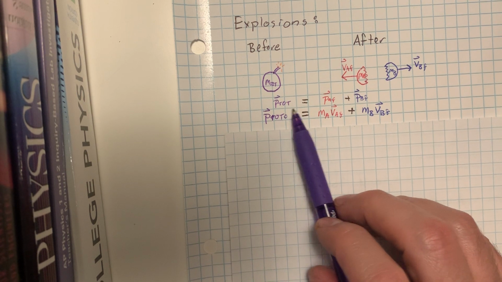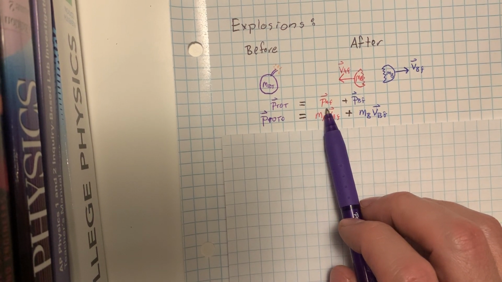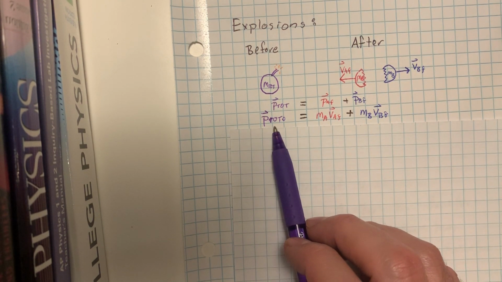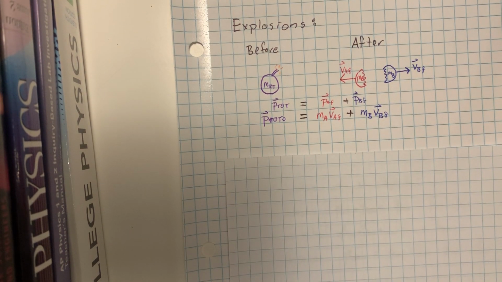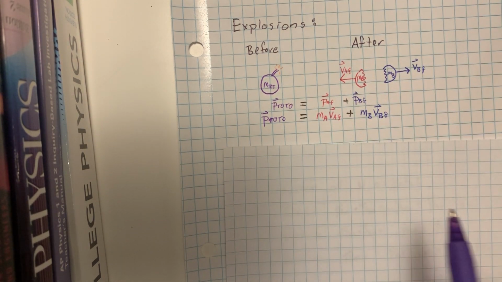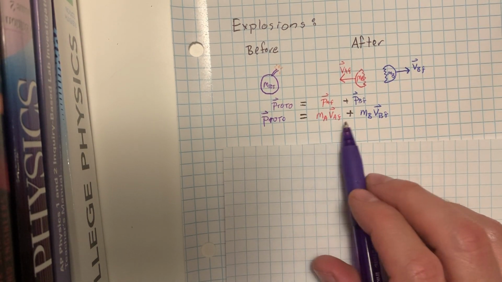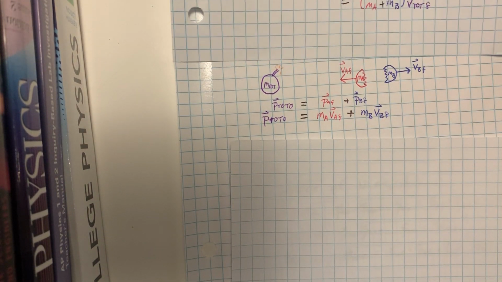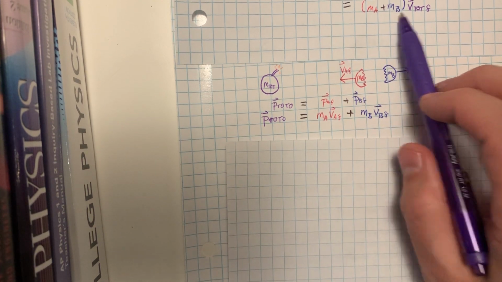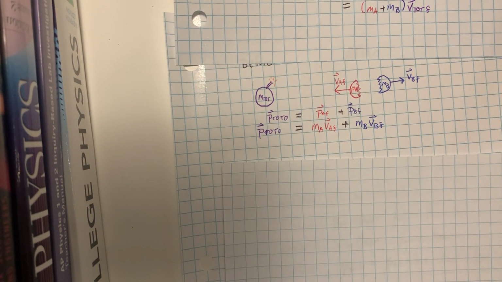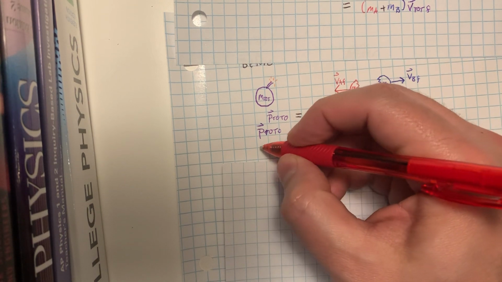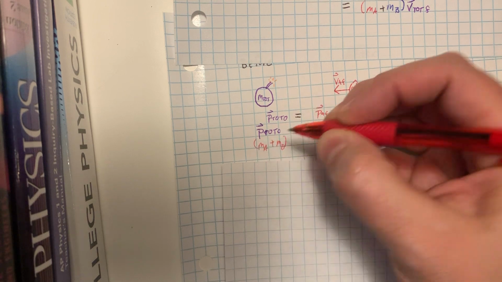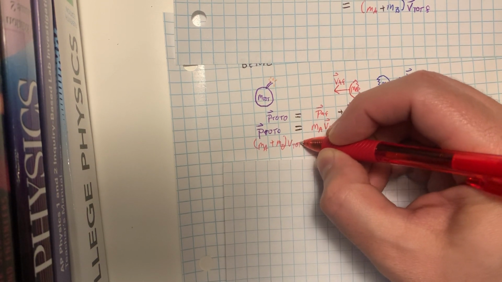So P total is going to be PA final plus PB final, and the masses here are just going to be MAV. If you look at this, it's the exact opposite of what we have here, right? P total initial would be MA plus MB times V total initial here.